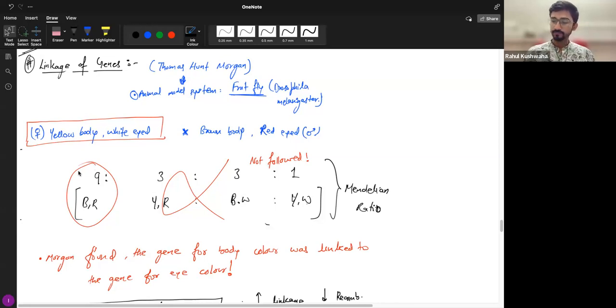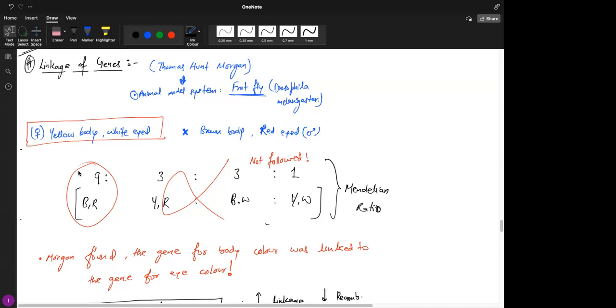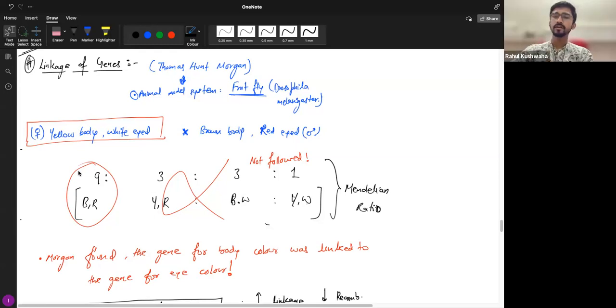So Aisha, what is linkage? Physical association of two genes. Perfect. What do we mean by physical association? Are the genes holding hands together? Think logically.